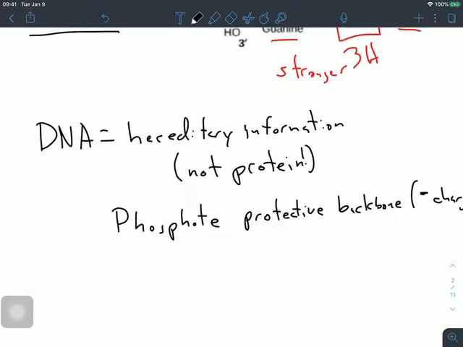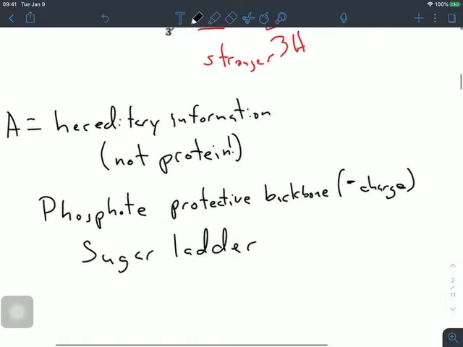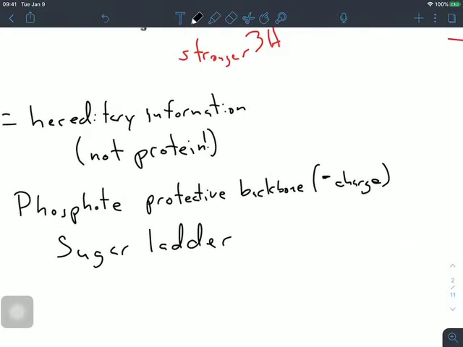In addition to the phosphate protective backbone, we have the sugar ladder that makes up DNA and RNA, with DNA being made up by deoxyribose and RNA made by ribose, but in both cases, they are a 5-carbon sugar making up that ladder.